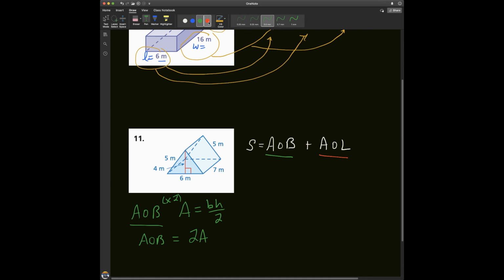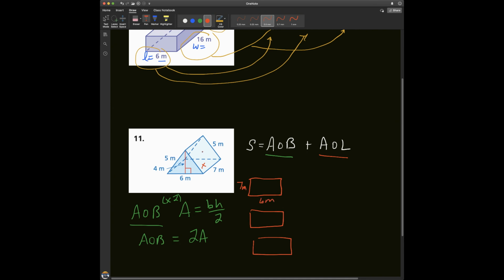Now, to find the area of the lateral faces, there are always going to be 3 rectangles. There's 1, there's 2, and here's 3. And we have to find the dimensions of these rectangles. So we'll start with the one on the bottom. What are the dimensions? 7 meters by 6 meters.